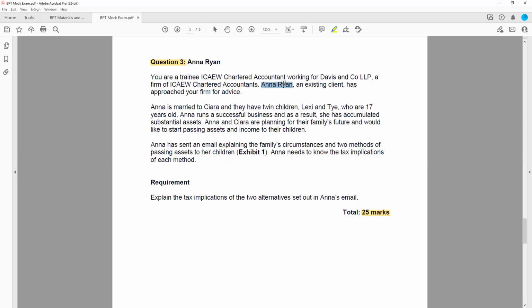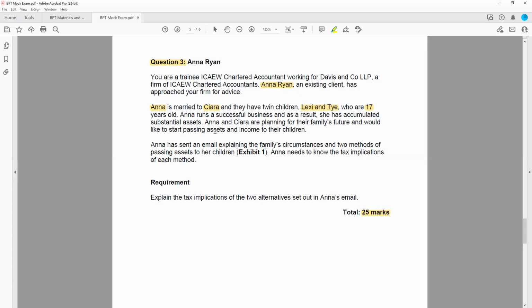Anna Ryan, who sent the email, an existing client, has approached your firm for advice. Anna is married to Kira and they have twin children, Lexi and Ty, who are 17 years old. So we can see who we've got here. We're looking at all individuals: a married couple, so spouses, and 2 children, and we're told their age.